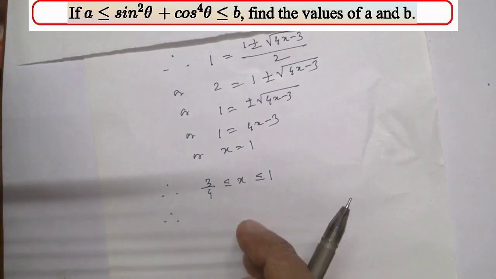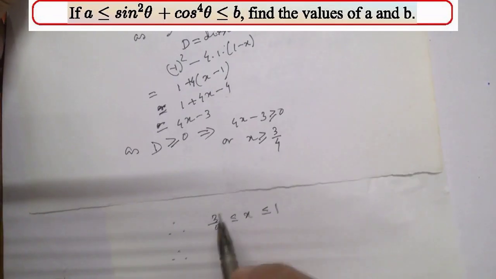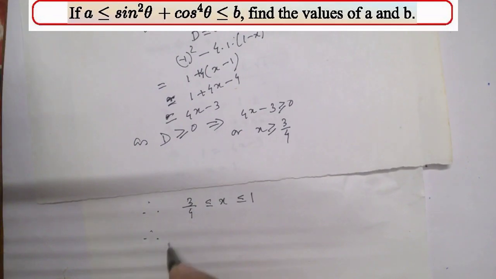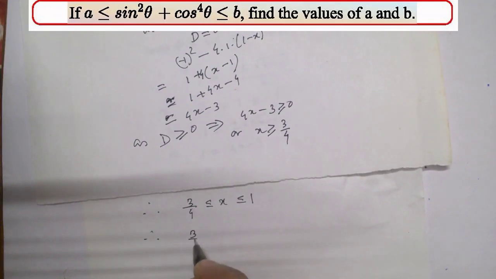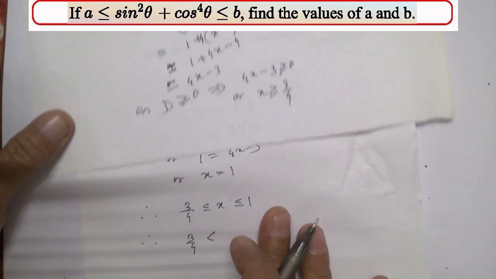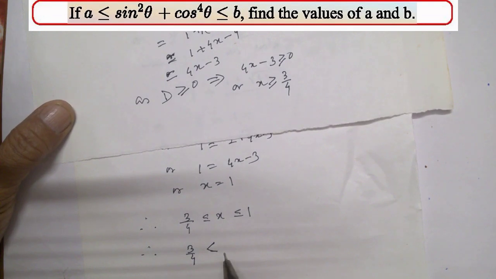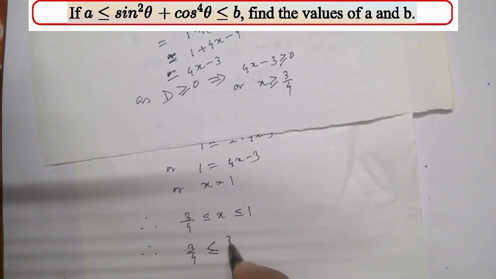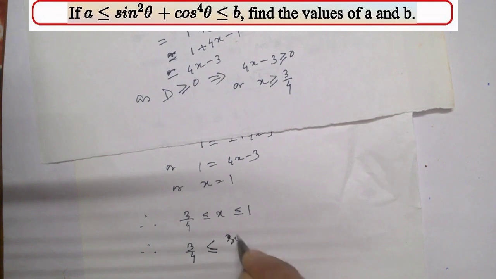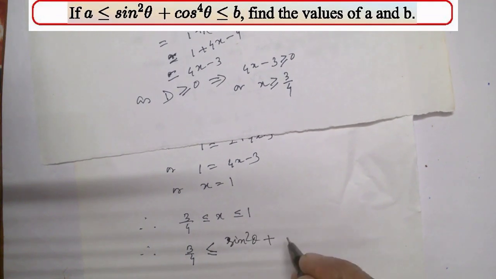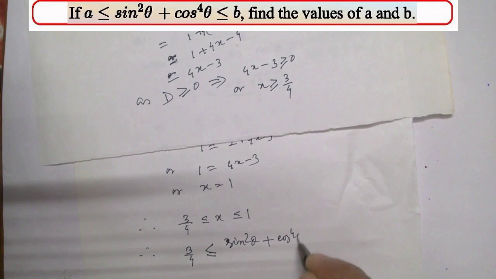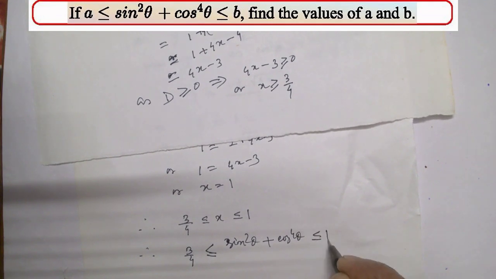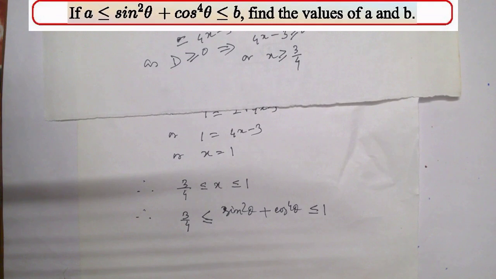So to satisfy this condition, 3 by 4 is less than or equal to sin square theta plus cos to the power 4 theta, less than or equal to 1. Hence the problem is solved.